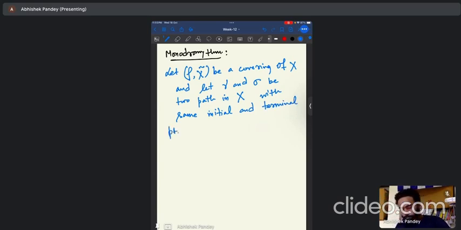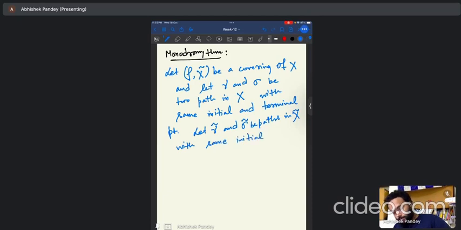Let gamma tilde and sigma tilde be paths in x tilde with the same initial point such that gamma tilde and sigma tilde are liftings of gamma and sigma respectively.